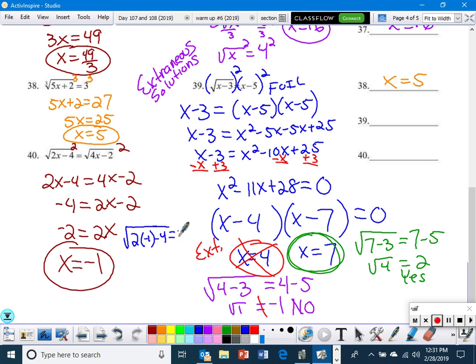That would be the square root of negative 6. Okay, let's check out the other one. Let's see, we got 4 times negative 1 minus 2. That would be the square root of negative 6. Yeah, that one is okay. That one works. We got the square root of negative 6 on both of them, so that one does work. All right, moving on.